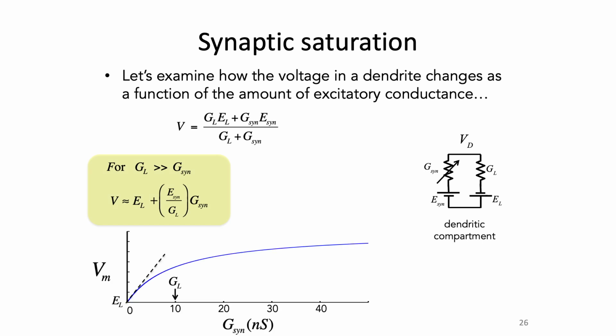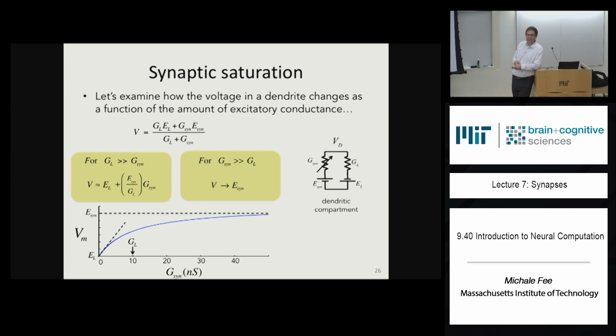So there's a linear voltage change at small conductances. And you can write down an approximation at high synaptic conductance, and you show that the voltage approaches E synapse. I'm not going to go through the math, but it's there. You don't have to be able to derive it yourself. But what I want you to understand is that for small synaptic conductance, the voltage responds linearly, but for high synaptic conductance, it saturates.